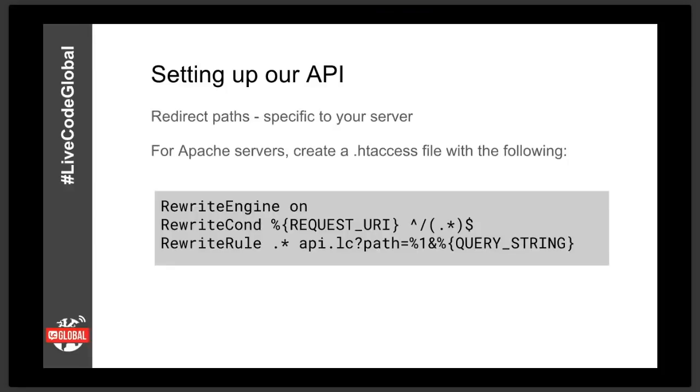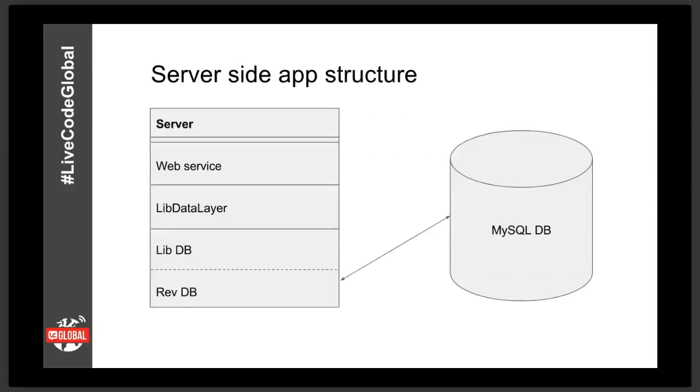But what this little blob of code here does is redirect all the requests within the given folder that this file exists in to api.lc. So that means that we just need to write a single server-side script that will exist in api.lc that deals with our web-based API.